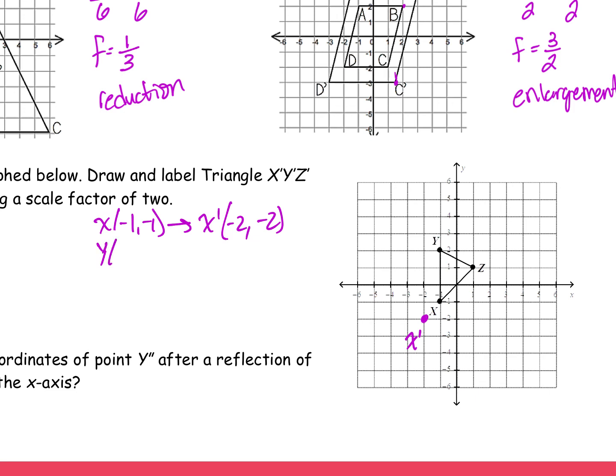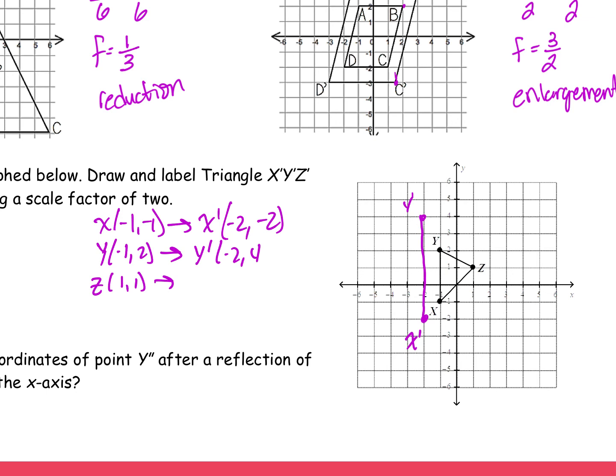Y is located at, where's Y at? Negative 1, 2. So where's Y prime at? Negative 2, 4. Okay. And Z is at 1, 1.